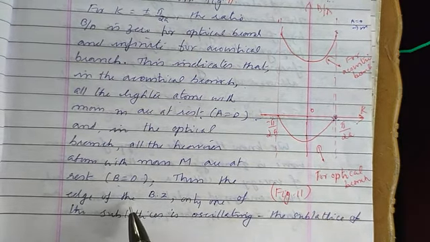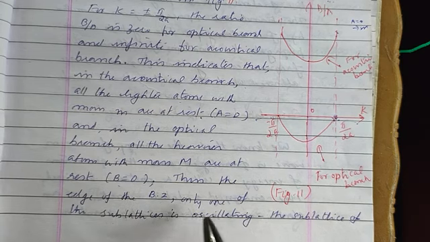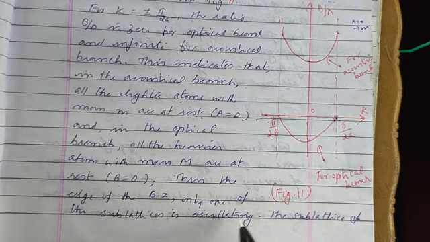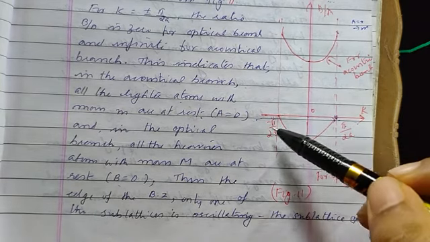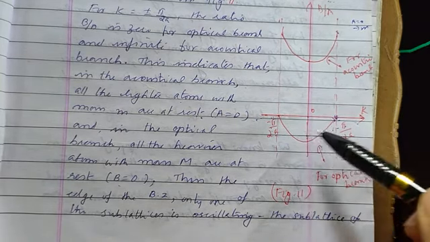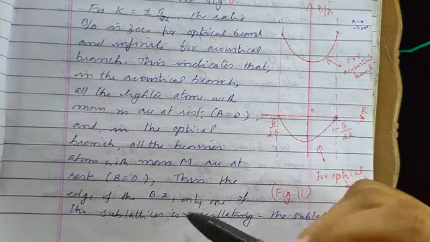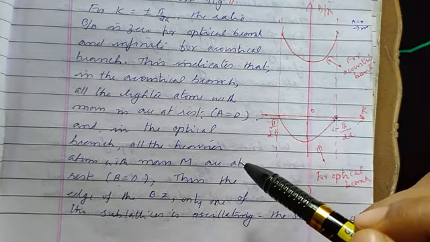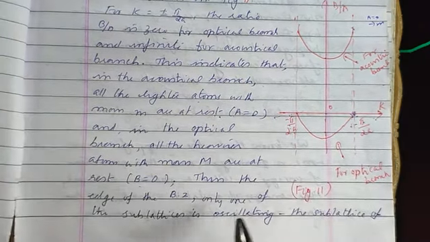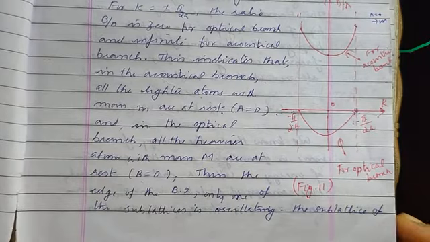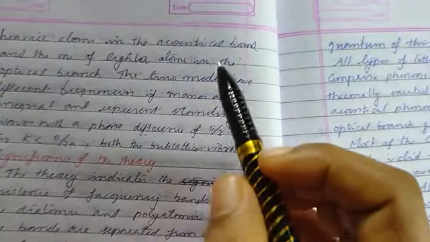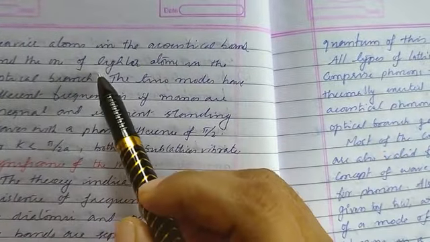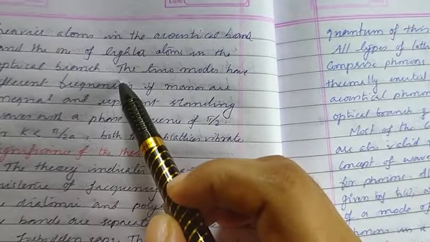Thus, at the edge of the Brillouin zone, only one of the sublattices is oscillating. Which means this is the boundary of the first Brillouin zone. So what does this mean? That at the Brillouin zone boundaries, only one of the sublattices is oscillating: the sublattice of heavier atoms in the acoustical branch and one of the lighter atoms in the optical branch.